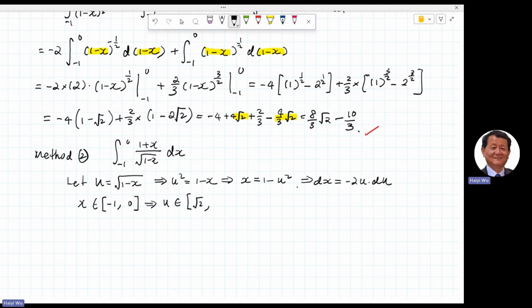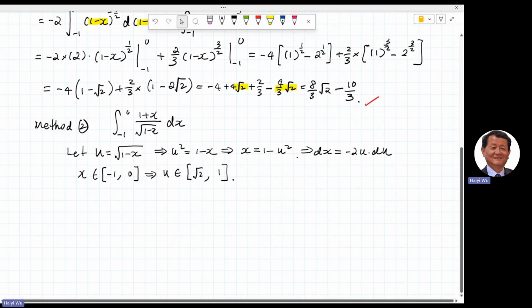square root 2 to positive 1. So when -1 is substituted into the function, u will be square root 2, to 1. So we're going to use my original function.